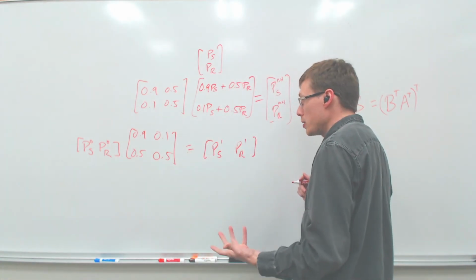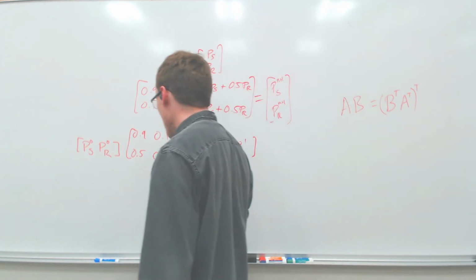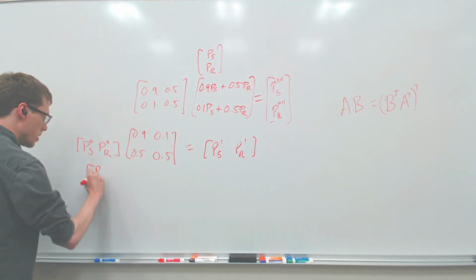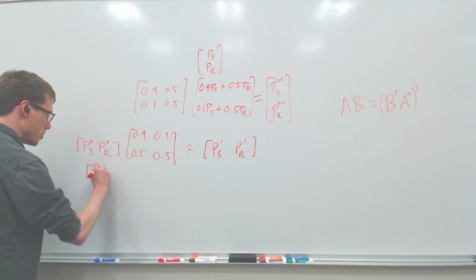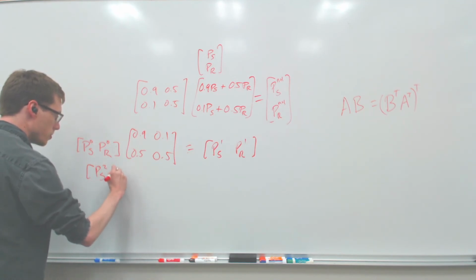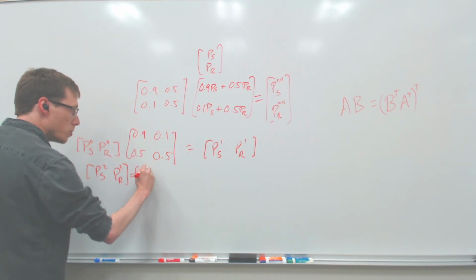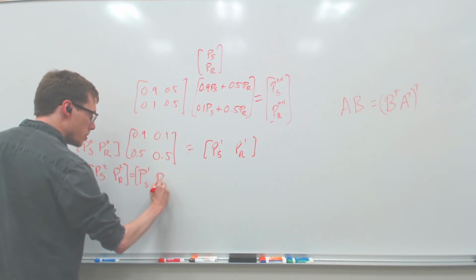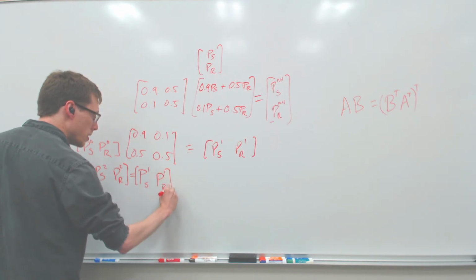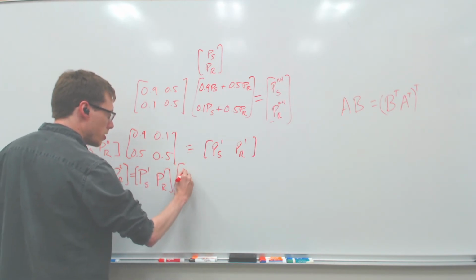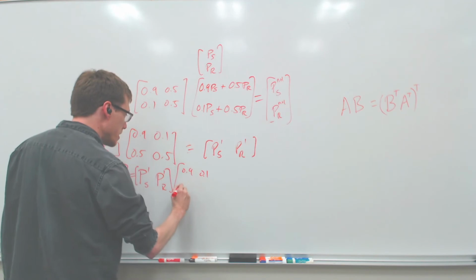If we want to get day 2, all that is, PS of 2, PR of 2, is just equal to P1S, P1R times this matrix. All we have to do is multiply by the matrix again.